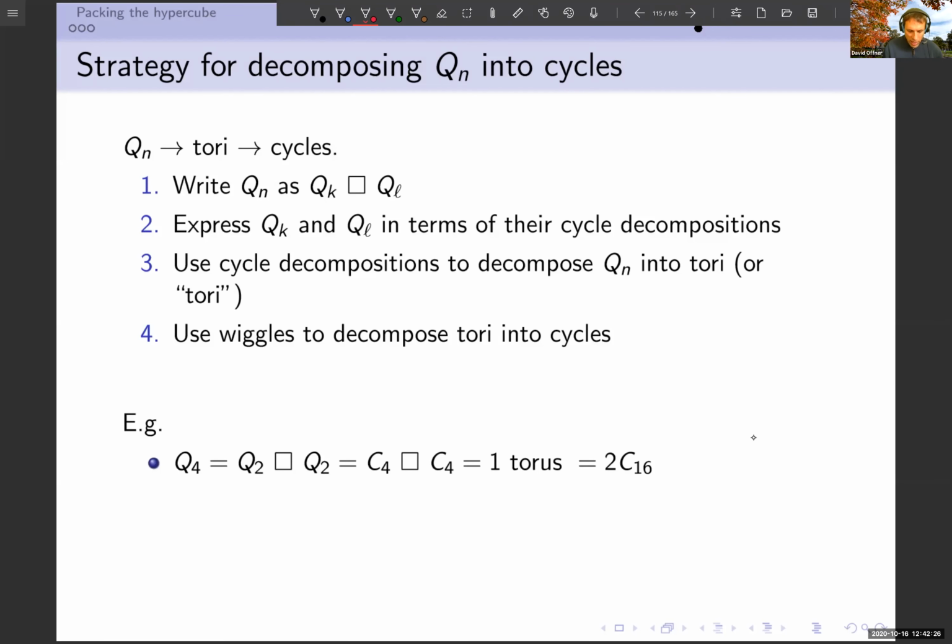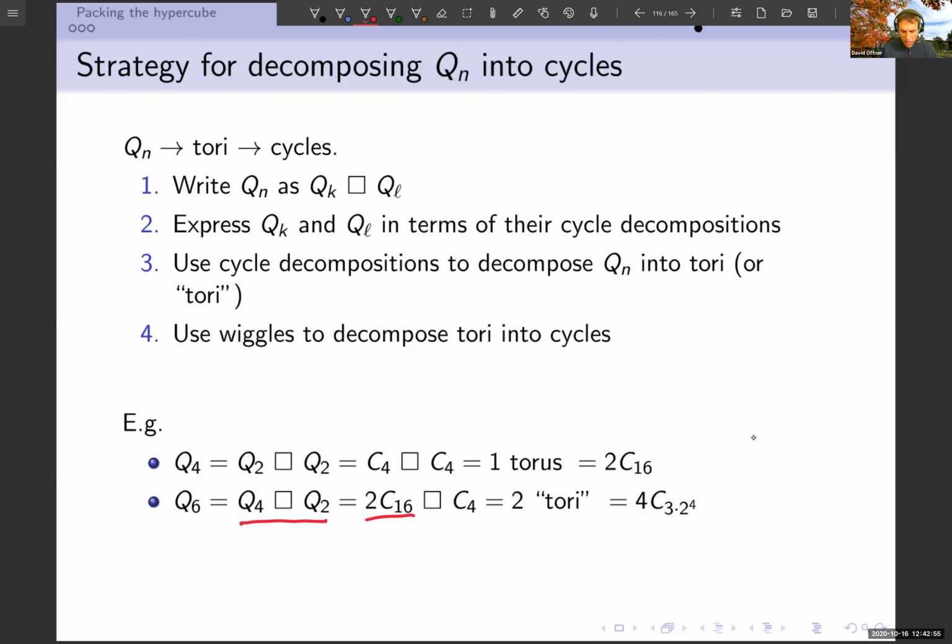Okay, so here are some examples. The example we looked at, we took Q4 and thought of it as the Cartesian product of Q2s. Those Q2s each have a cycle decomposition, C4 Cartesian with C4, that gave us one torus, and that torus could be decomposed into two C16s or four C8s or eight C4s, okay? So for Q6, what's the next one? We're going to think of Q6 as a Cartesian product of Q4 and Q2.